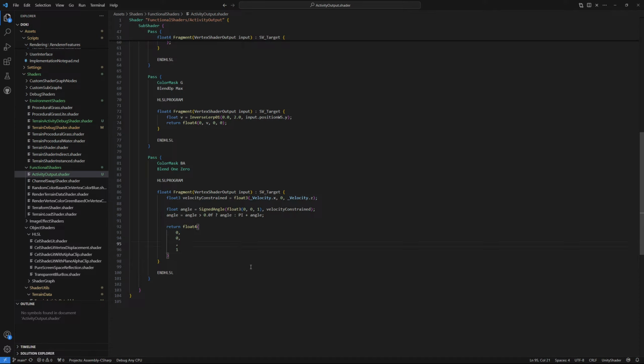So what we finally want to output here is angle divided by 2 times pi. And that's about it, I think.